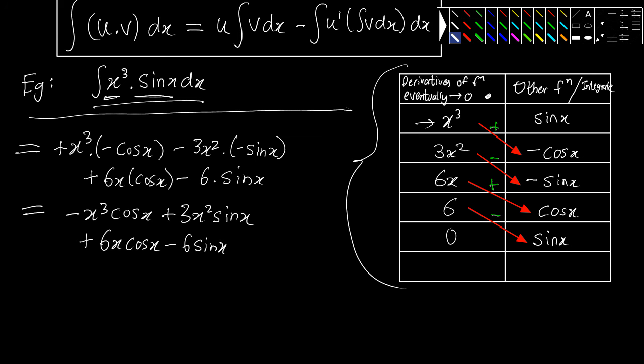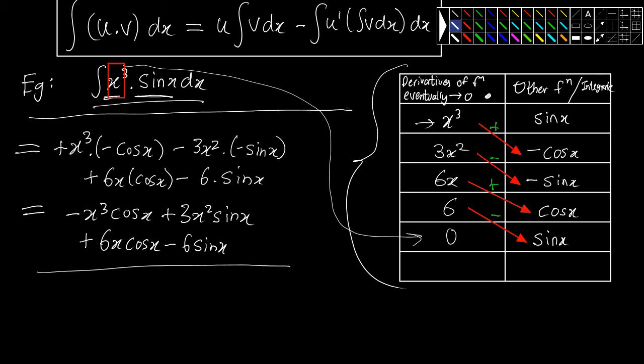Okay then, this was the case when the derivative of one of the functions eventually went to 0, as you can see. What if we have a function where this does not happen?